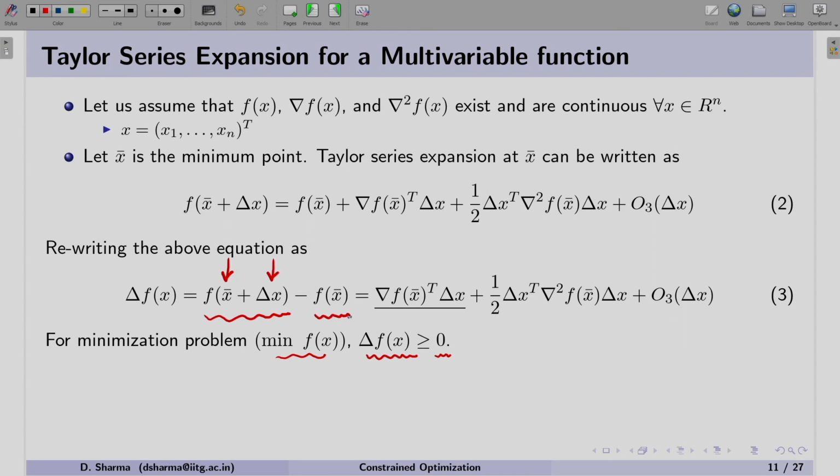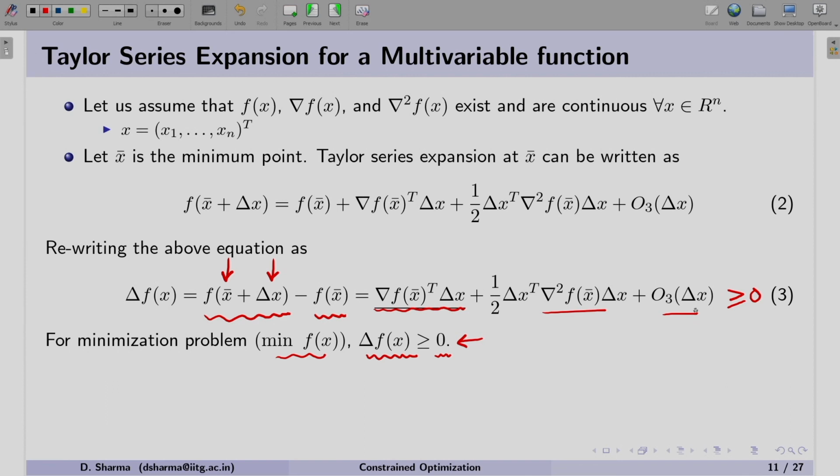So this says that delta f of x should be greater than 0. Including this condition in equation 3, the right-hand side should be greater than or equal to 0. While doing so, we have the first term, which is underlined here, the second term, and the third term.